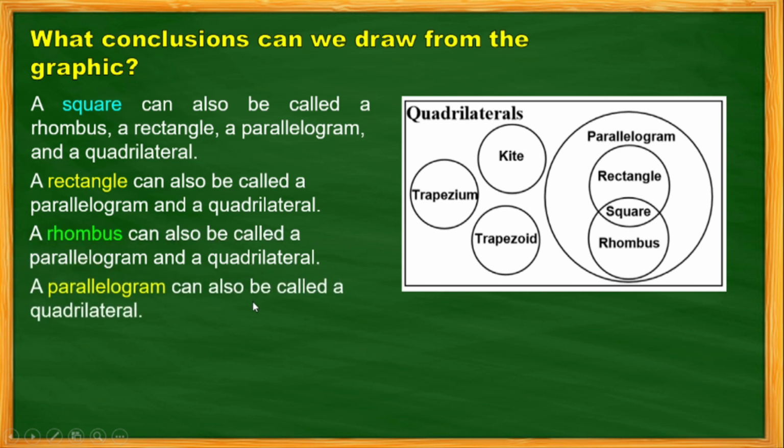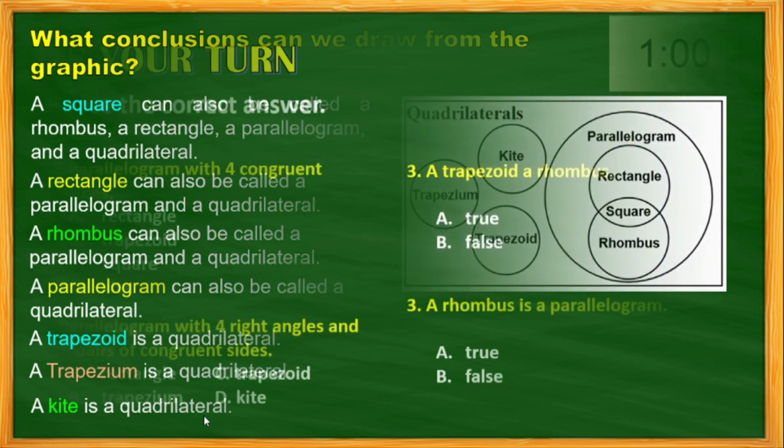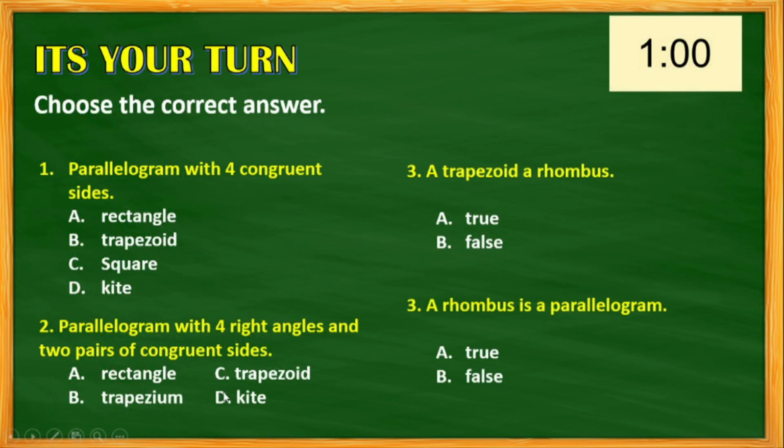And a parallelogram can also be called a quadrilateral. Trapezoid is a quadrilateral. Trapezium is a quadrilateral. And kite is a quadrilateral. So that's all. I hope you already know how to relate some quadrilaterals to other quadrilaterals.